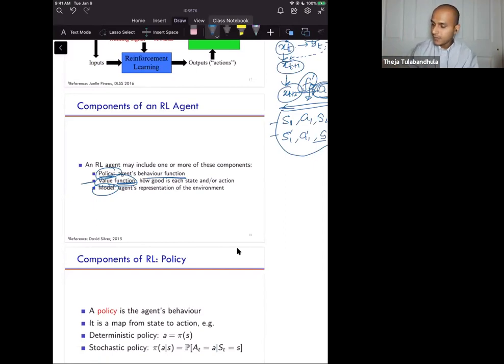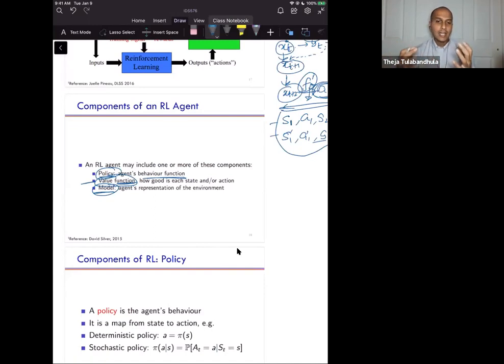Okay. Similarly, a model. Think of a self-driving car. It can have a model of how the road network or the traffic, or how the environment may change if I do some action. That's a model of the environment. For example, some of you might have seen simulators, right? There is a flight simulator or a road network simulator, or if you think of any of these games about driving and so on, they're essentially simulators of the real world.